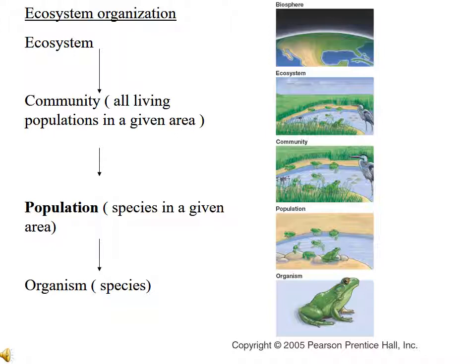Organisms are grouped into populations. Populations are grouped into communities. And communities, as they exist within the environment, make up the ecosystem. Now, an ecosystem can be as small as a leaf on a tree or as big as the world and the biosphere as we know it.